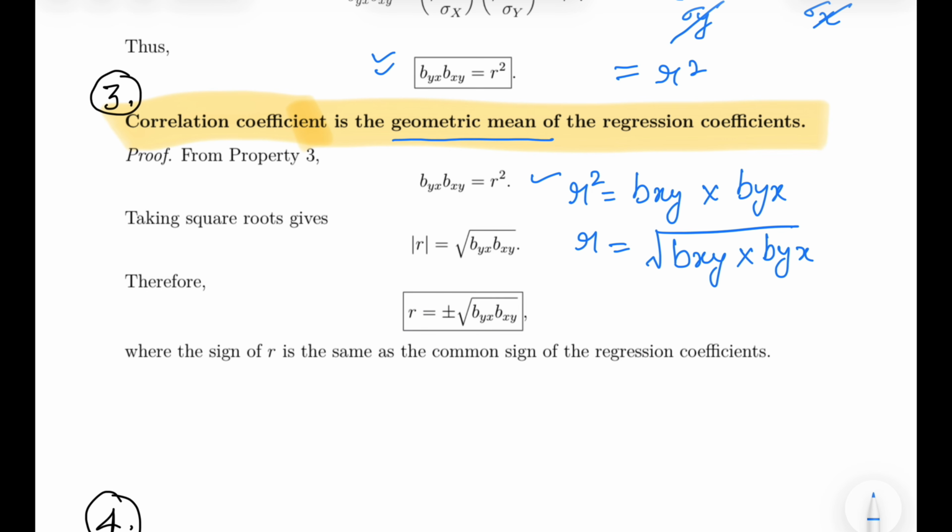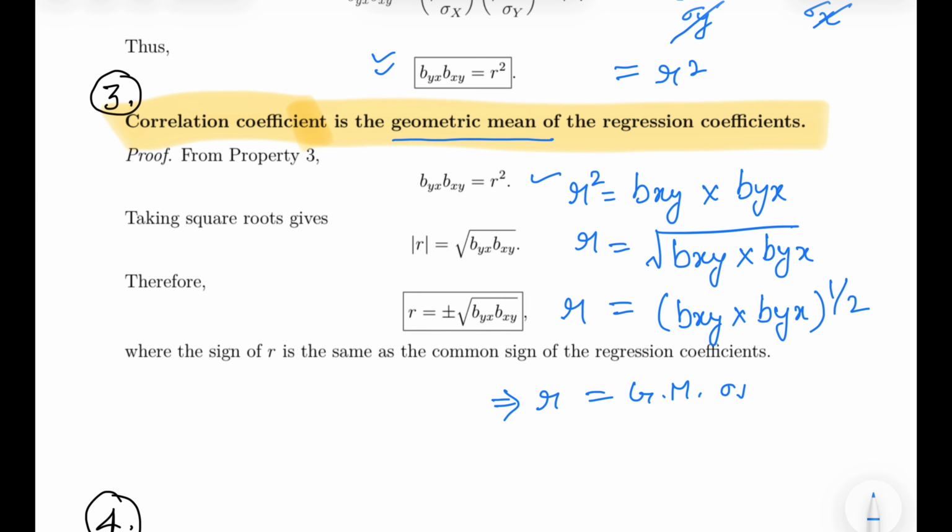Now this square root can be rewritten as bxy multiply byx raised to the power 1 by 2. Now, why am I writing in this form? In this form, you can clearly see that it is the geometric mean of bxy and byx. How do you calculate the geometric mean? The geometric mean of any two numbers, let's say a and b, is a into b raised to the power 1 by 2.